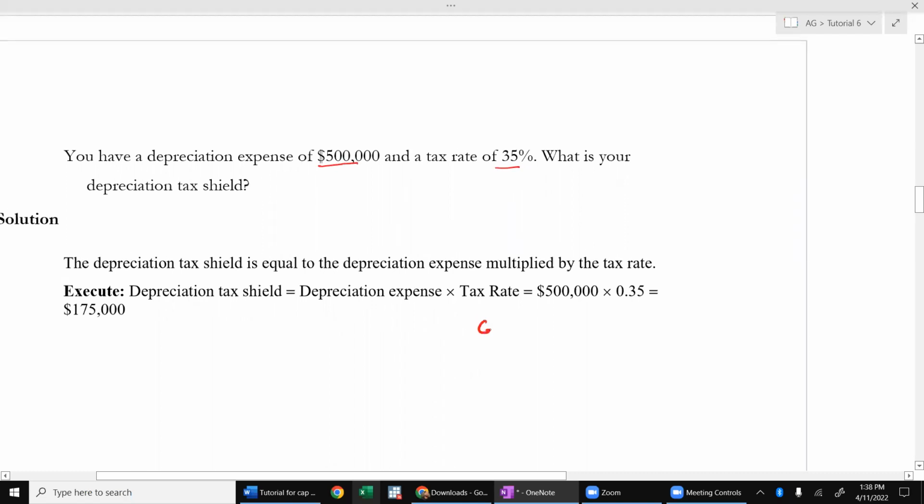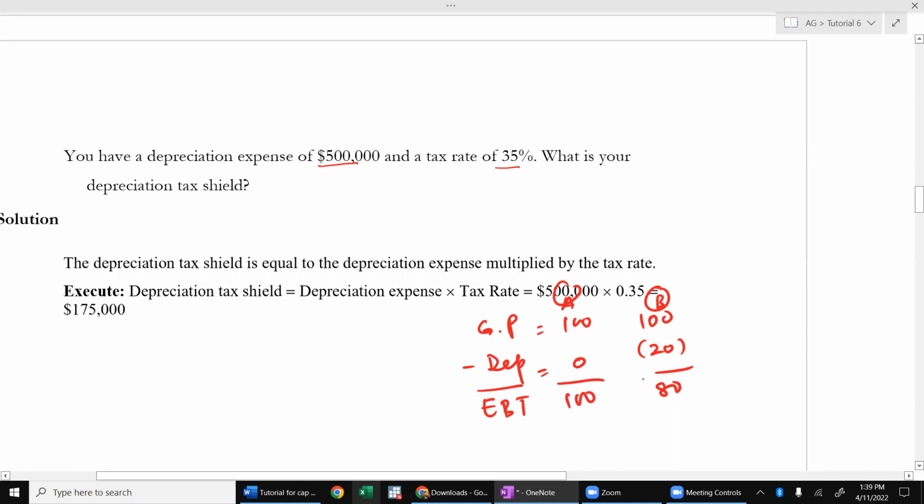So this is very easy to understand, because if you have gross profit of 100, and then depreciation situation A and situation B. Let's say gross profit in both situations is 100 and 100. In situation 1, there is no depreciation. In situation 2, let's say depreciation is 20. Then you will get earning before tax of 100 and 80.